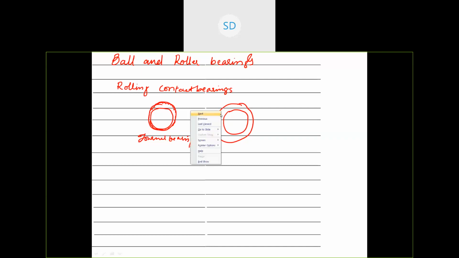Suppose you consider a roller bearing or a ball bearing here. Let us take an example. You have a shaft here. The shaft is fixed to the inner race of the roller bearing.